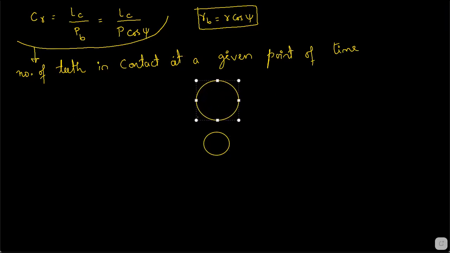I hope you remember, right? So now we have teeth, and we have the center to center distance. Then we have the common tangent to the base circles, which is also the common normal to the teeth profile.